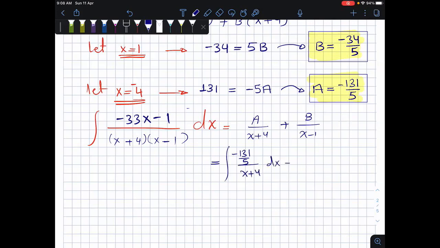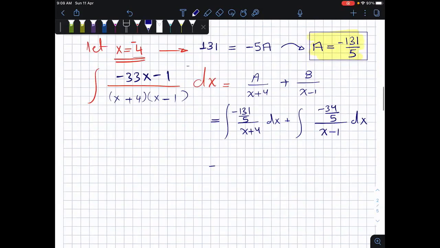We take the integral separately, and here the integral of -34 over 5 all over x minus 1 dx. As we did before, we take the constants outside to get ln absolute value of x plus 4, plus -34 over 5 ln absolute value of x minus 1.